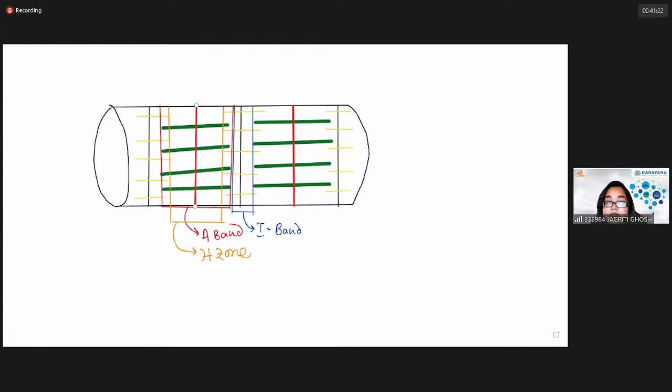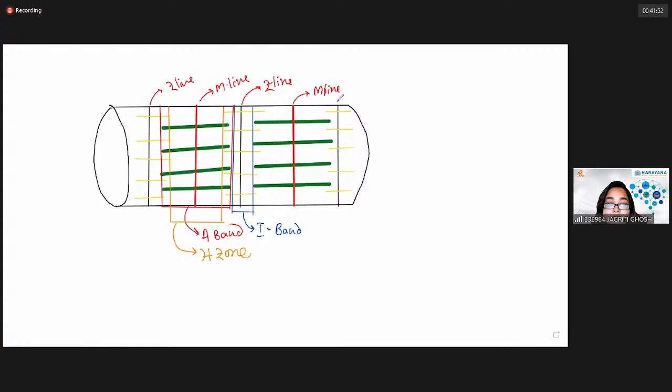Nothing is there. That is all. So let me just do the pointings. This is M line. This is Z line. This is again M line. This is again Z line.